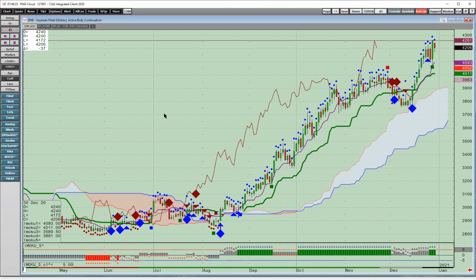And to go along with that, if you're looking at this, especially in intraday trading, then the first thing you want to do is make sure that the trend that you see in the daily and the weekly are in the same direction.